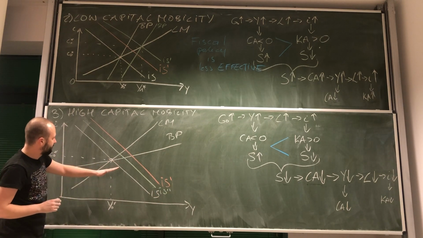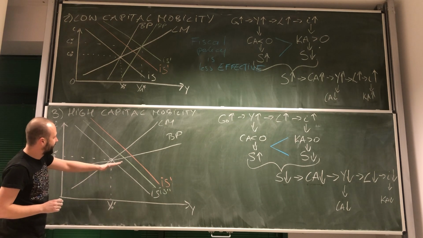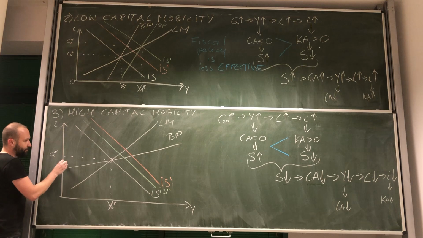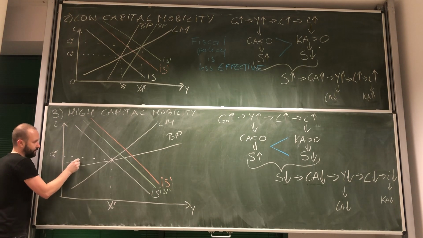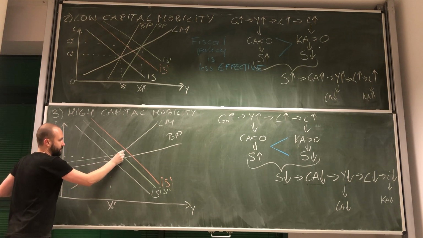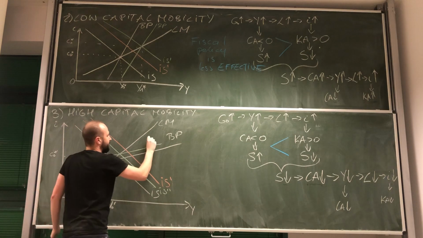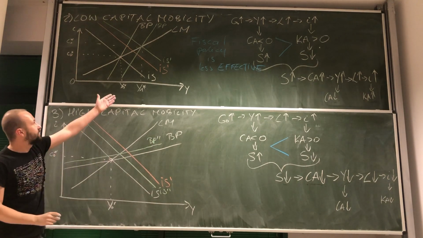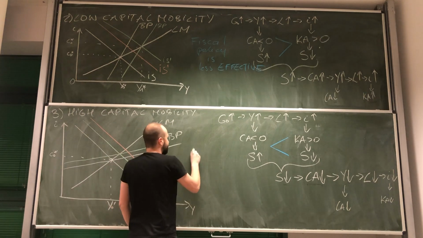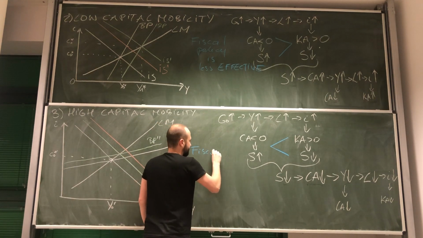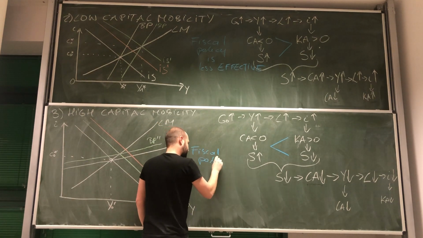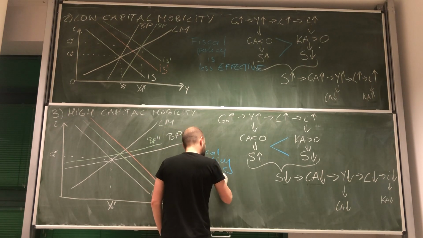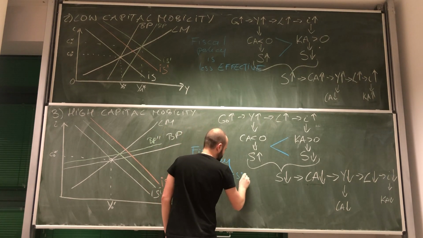Well, BP line is moving up because we see appreciation of the currency. So what can we say here? Fiscal policy is even less effective.